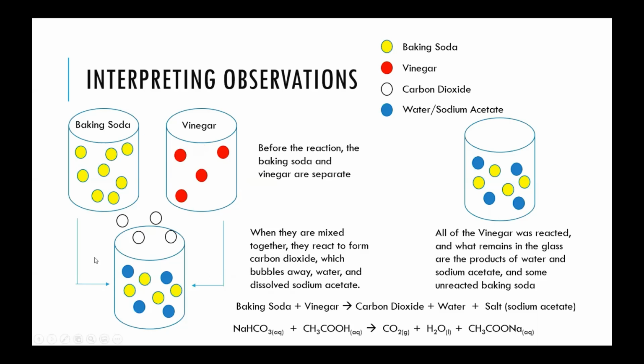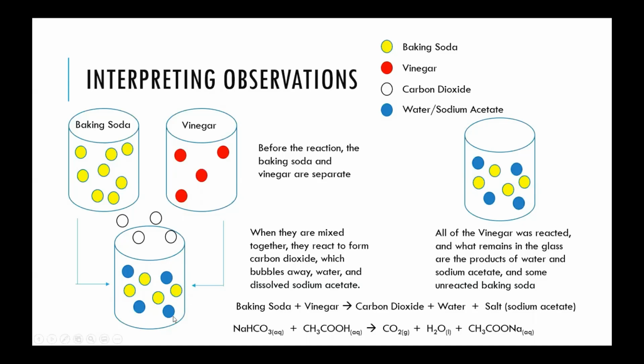So in the first initial reaction, you have some baking soda, you have some vinegar, and you react them. And that will make carbon dioxide gas, so that will bubble away, and that's your visual cue that the reaction is happening. And it will make some water and sodium acetate.